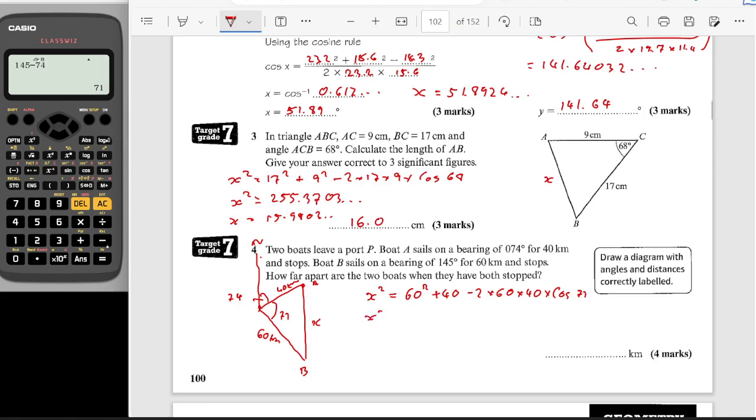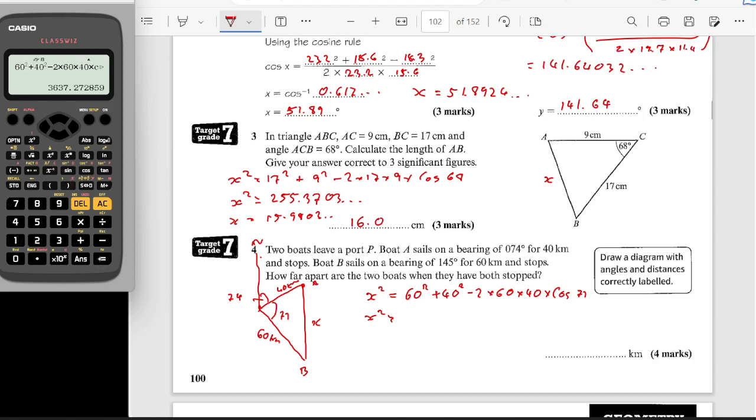So x squared is going to be equal to 60 squared plus 40 squared. I missed my square off there. Plus 40 squared minus 2 times by 60 times by 40 times by cos of the angle, so cos of 71.